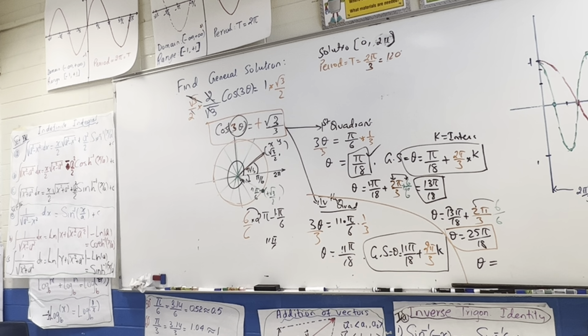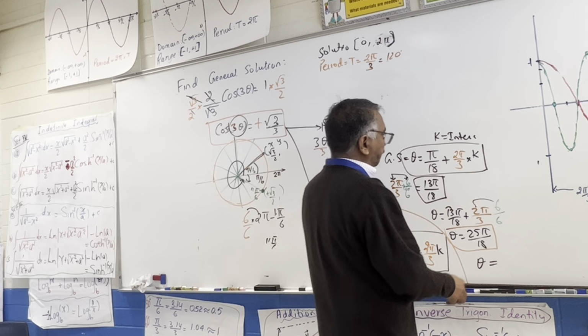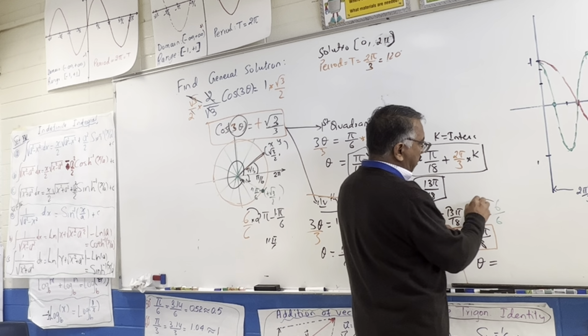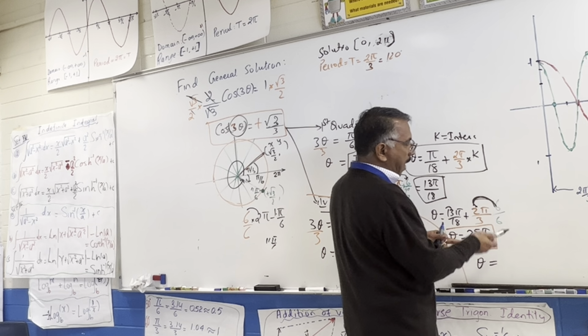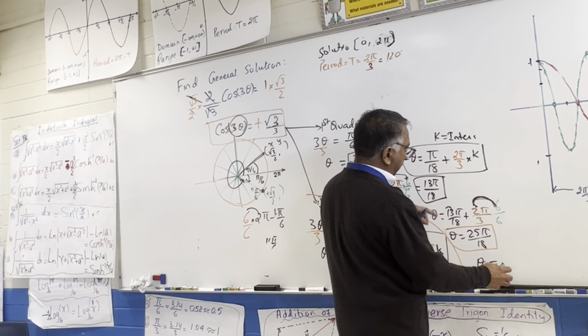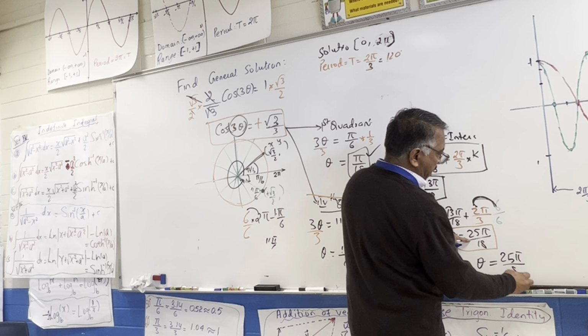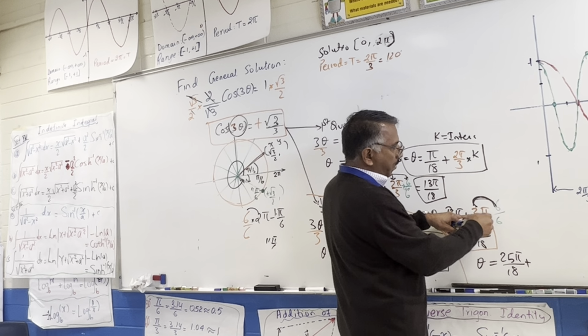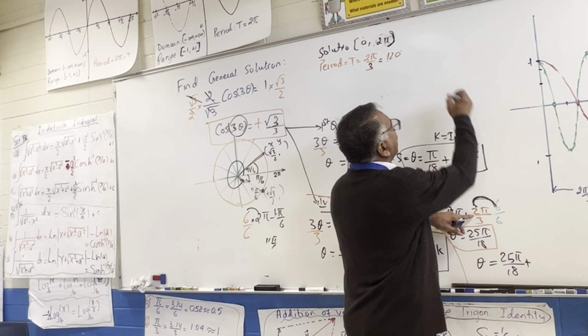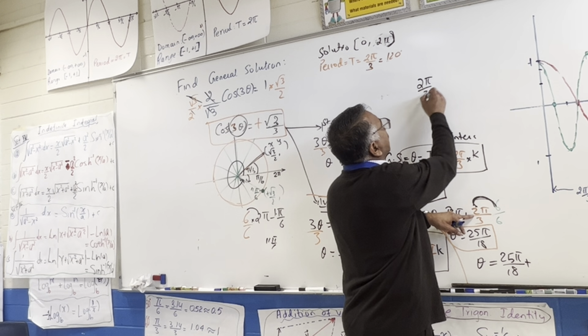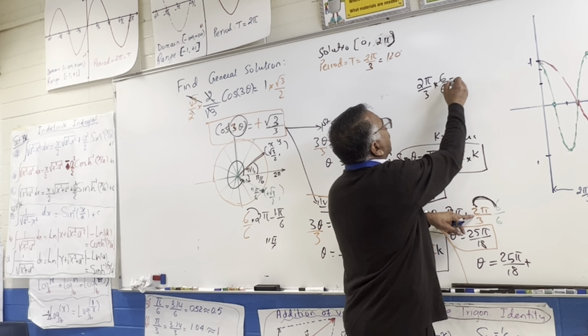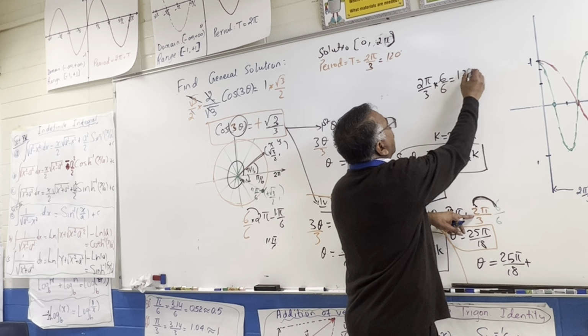Okay. So 25 pi. So basically you are adding 2 times 6, 12 pi every time. So let's do directly. So this 25 pi by 18 plus, instead of saying 2 pi by 3, what is 2 pi by 3, and you multiply by 6, becomes 12 pi by 18.